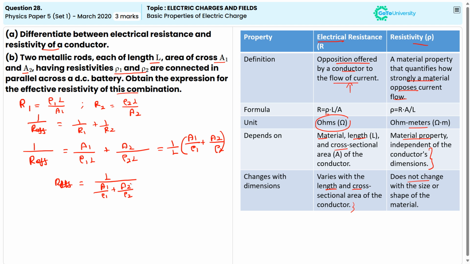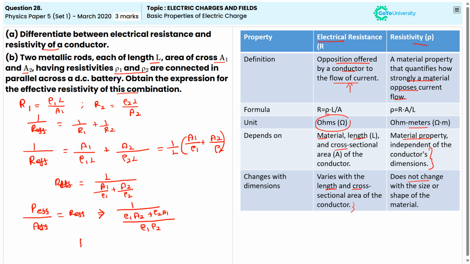Since the effective resistance of the parallel combination is related to the effective resistivity, we can write rho effective divided by A effective, which is equal to R effective. So we can write this equal to 1 divided by ρ1 A2 plus ρ2 A1 divided by ρ1 into ρ2.